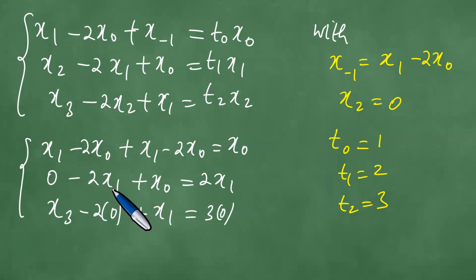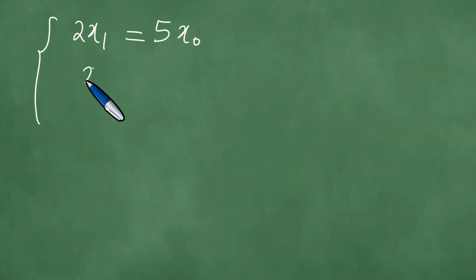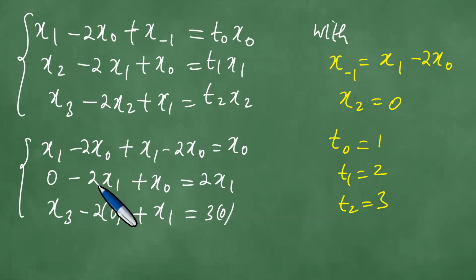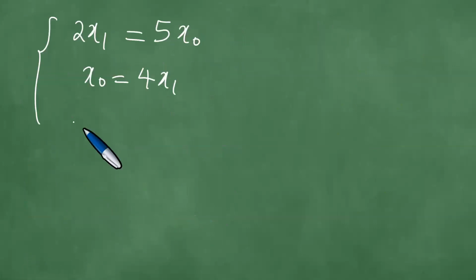So what about this one now? Which means that you have x naught equals 4x1, if you move the x1 to the other side. And then here, this one is going to become 0, which means x3 plus x1 is 0.